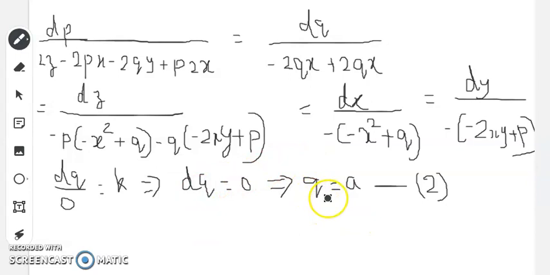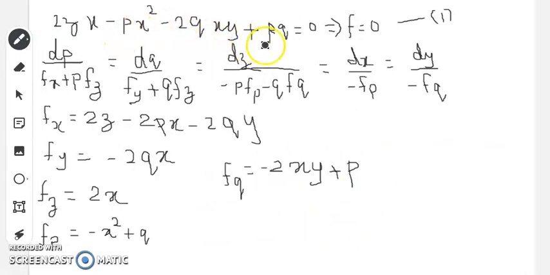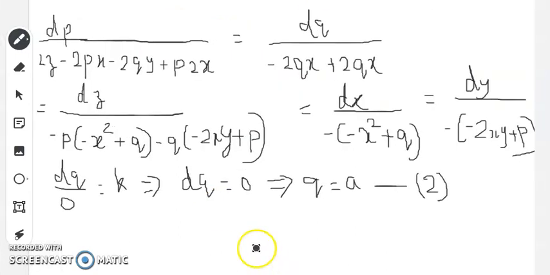So substituting this value in equation 1. Our equation 1 is this one. So substitute q is equal to a in equation 1, and try to simplify the result.